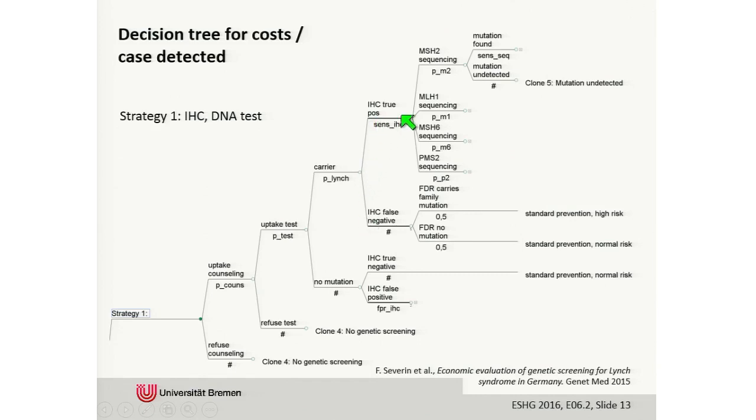It could have been true positive, and then there could be different outcomes. Then still you could find a mutation or not find it, and then it continues to first-degree relatives. And in the end, you have first-degree relatives who are either detected or undetected, and who either have the mutation or don't have the mutation. So this is the first part of the model.